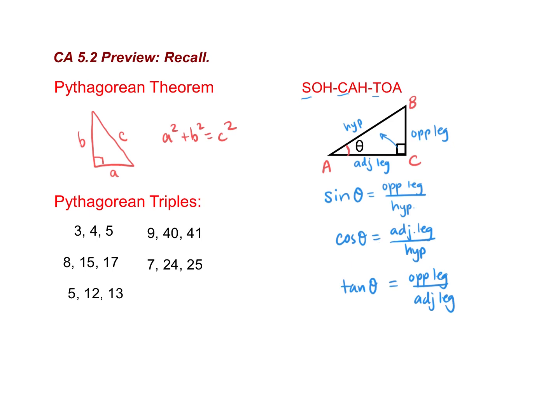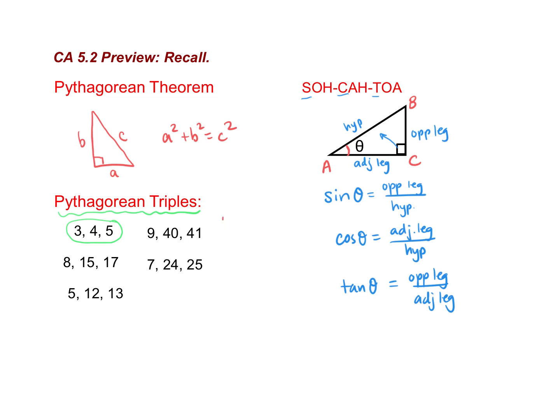And the last thing to touch on is something called Pythagorean triples, which you may or may not have heard of before, but it relates to the Pythagorean theorem. These Pythagorean triples are the lengths of the 3 sides of a right triangle, such that the 3 side lengths are whole numbers. And so you're probably most familiar with the famous 3, 4, 5 right triangle.